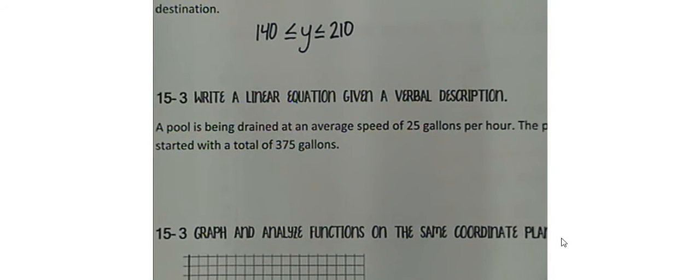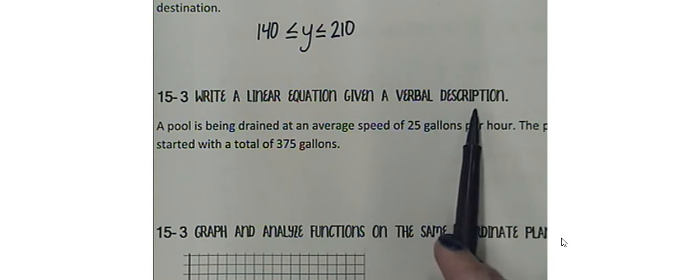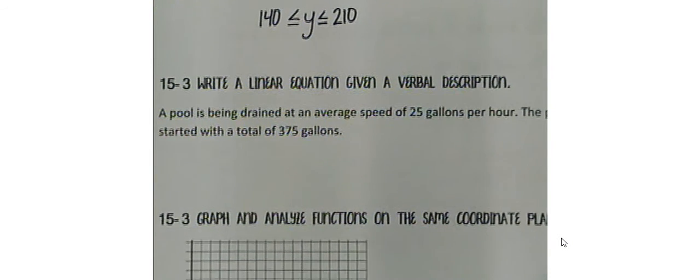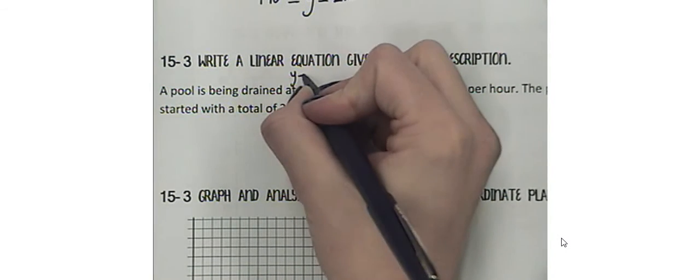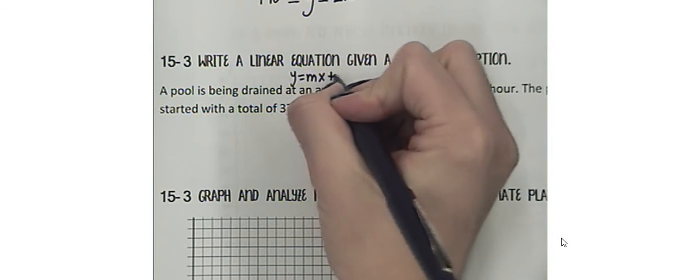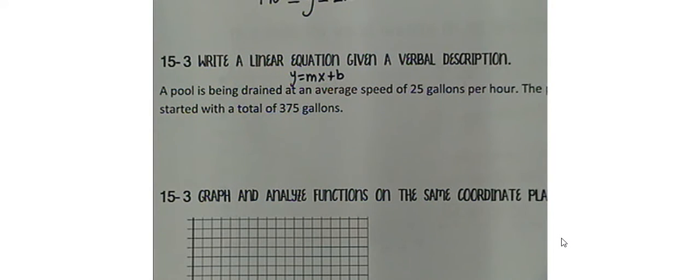15.3. We had write a linear inequality or linear equation given a verbal description. Remember, the easiest way to do that is y equals mx plus b. M is our slope, our rate of change. B is our starting point or our y-intercept.